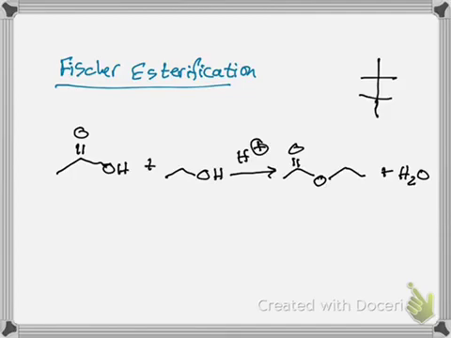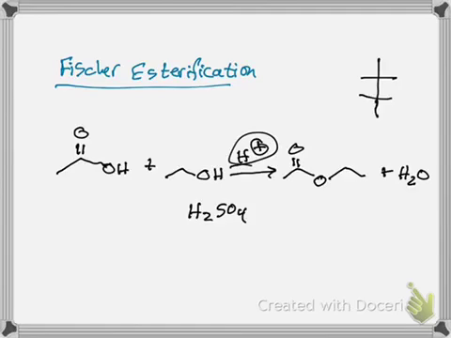Now, before we go into the mechanism here, what acid source are we talking about? Here we're talking about sulfuric acid. It's the one that everybody uses principally because, unlike the other mineral acids, it provides a non-nucleophilic counter base for you to work with.